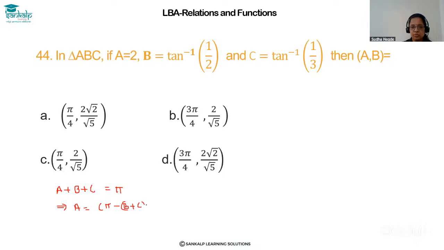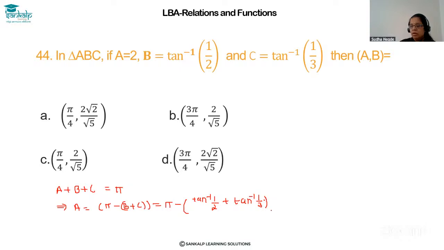If you want, you can put bracket here. Okay. So that is equal to pi minus, they have given B is tan inverse 1 by 2 plus C is tan inverse 1 by 3. Correct?